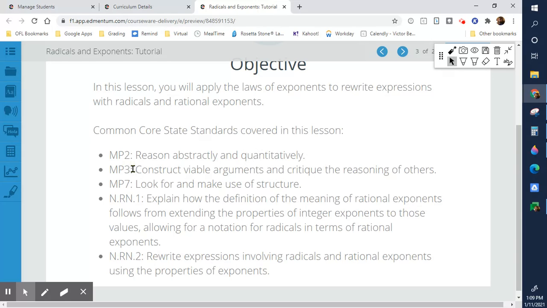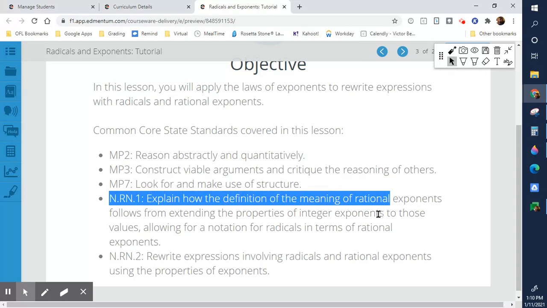Construct viable arguments, meaning we're going to try to make them equal to other things, creating our own equations, and looking at an equation and kind of breaking it down, which kind of has to do with this one, looking at the structure and understanding that. And explaining the definition of rational. So remember, rational means fractions, exponents, using the properties.